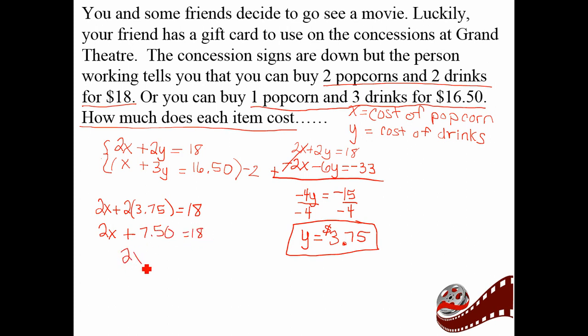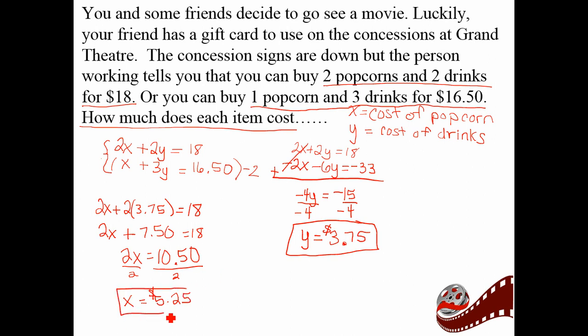Then we're going to subtract the 7.50 from the 18, and we get 10.50. And then we'll divide by 2. And we have x equals 5.25.